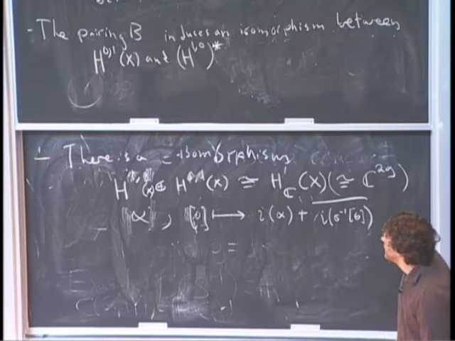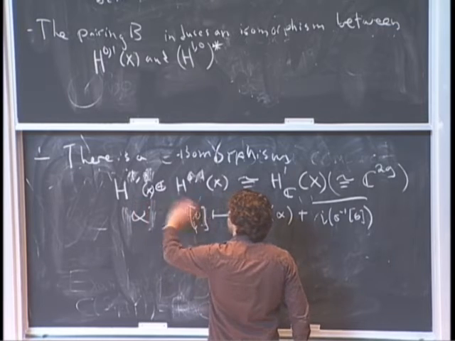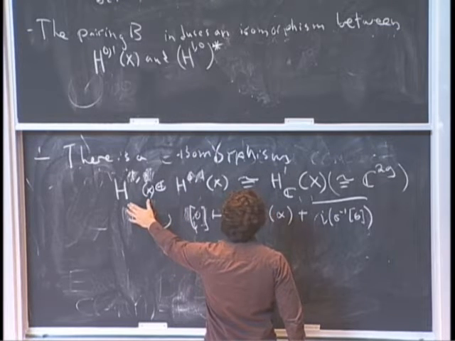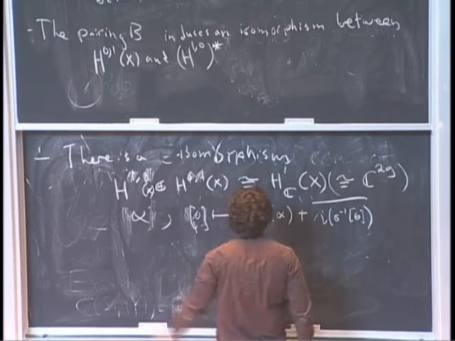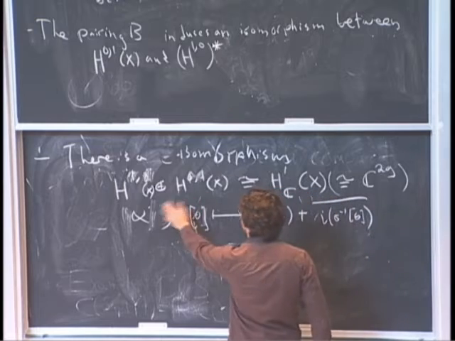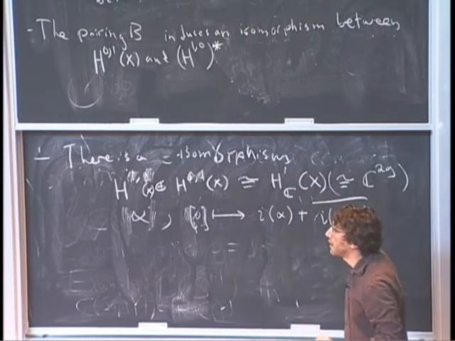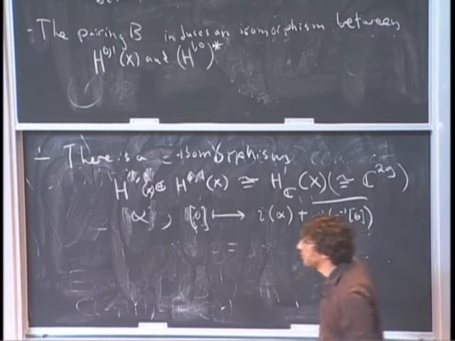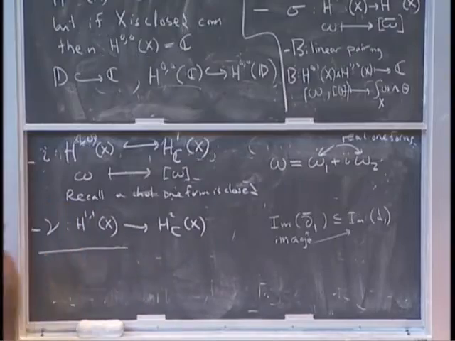So on some levels this is only determined by the topology, which gives the size of it. But the complex structure still comes into how this is split, which goes back to the splitting of the complex valued one forms right here.